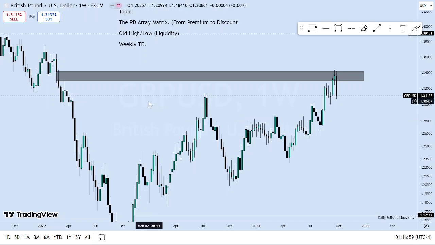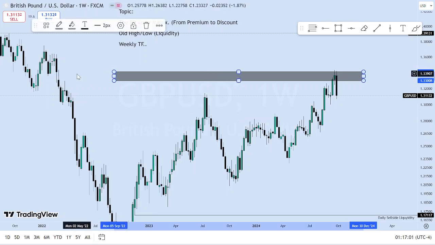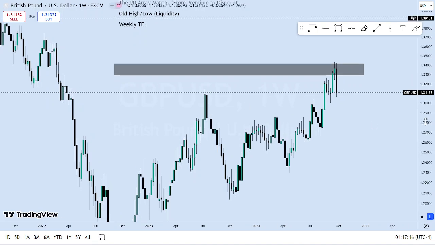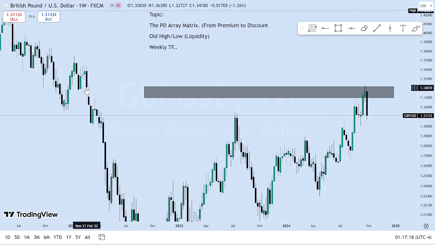Like we have here, this shaded black area, you can see the space there between this candle, Monday 21st February 2022, the low of it where the body closed, and the high of this candle, Monday 28th February 2022, the opening of the body, which is a bearish candle.